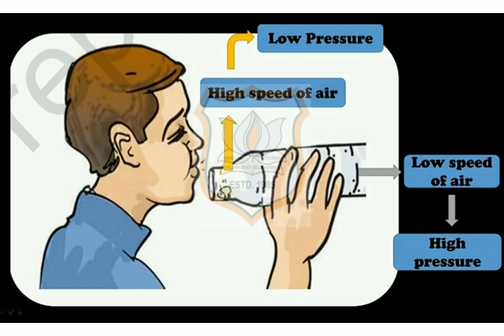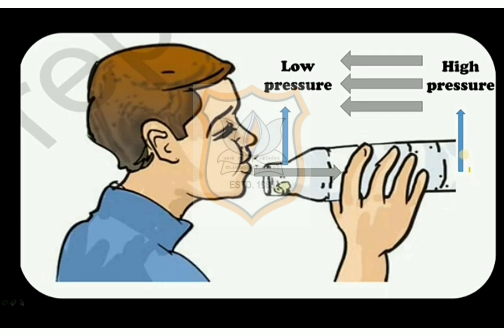The pressure inside the bottle is more, hence it causes a thrust on the paper ball towards outside. So the paper ball cannot be forced into the bottle, instead it comes outside. So students, we conclude that the pressure decreases when the speed of the wind increases.